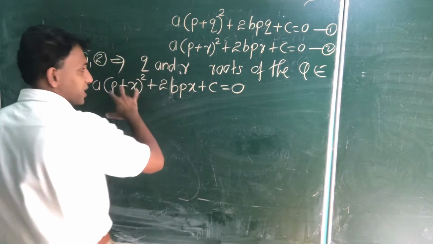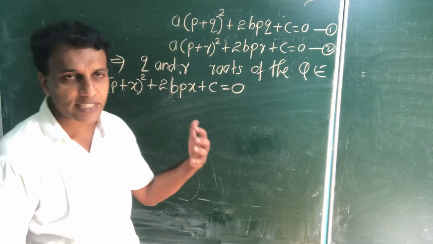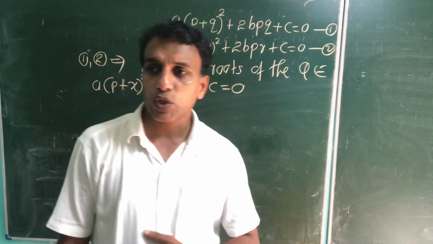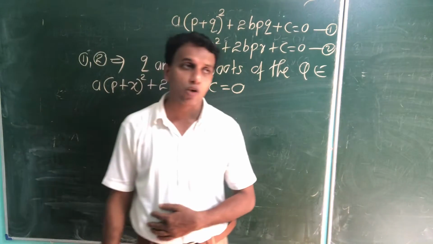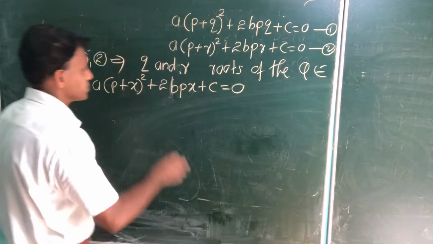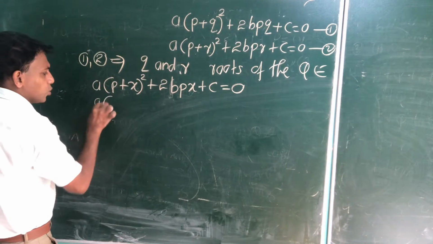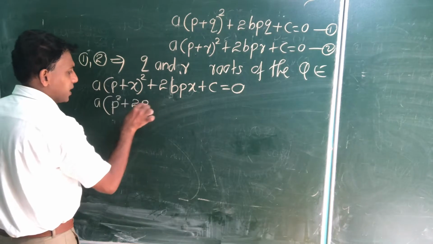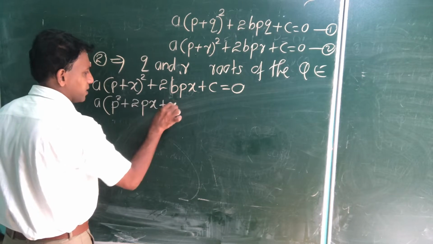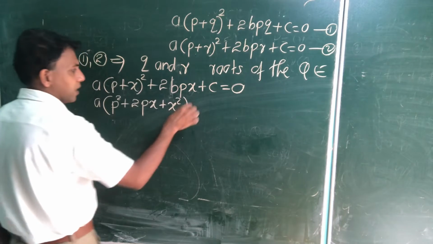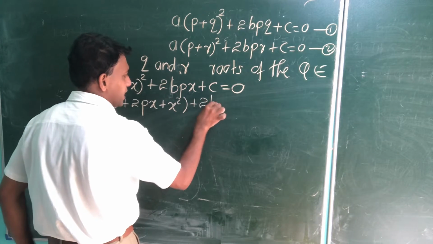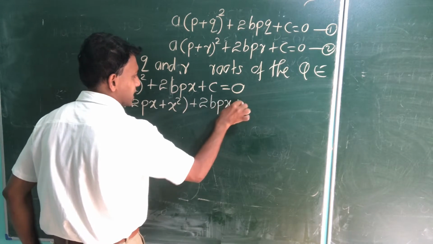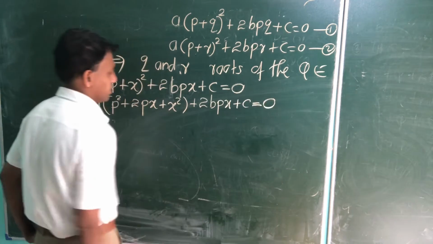Now you can further simplify this, rearrange into the pattern ax² + bx + c = 0. So a into, if I expand this, p² + 2px + x², plus 2bpx plus c equal to 0.